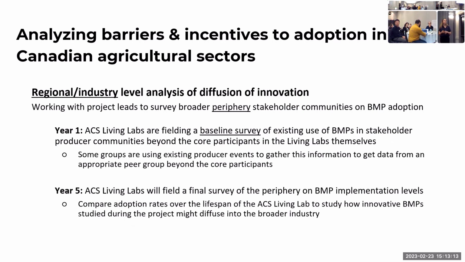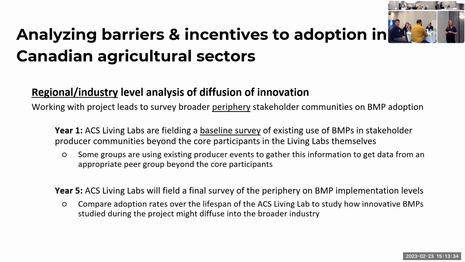Then there's also a regional or industry level analysis of diffusion of the innovation. And this is essentially looking at the periphery. So there are the living lab participants, and then there are the producers in that production type that are not involved in the living lab. So those are the periphery stakeholders.